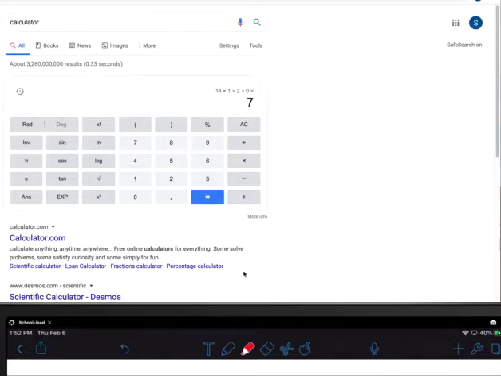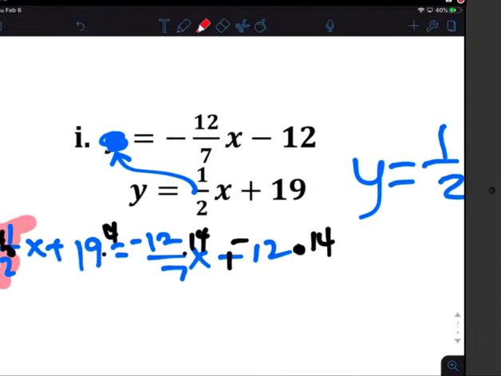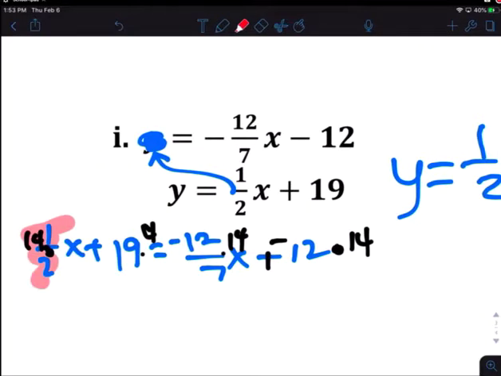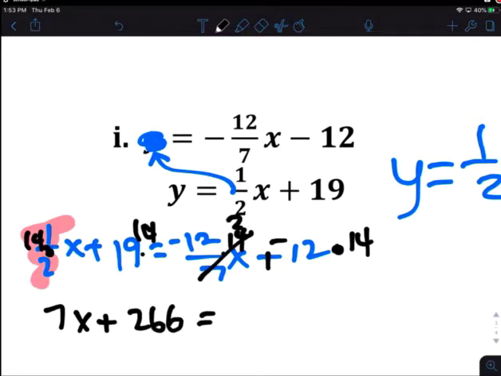So on here, we put 7 for that one that I highlighted, bring down the x, plus 19 times 14, I think it's 266, equals. Put that in your calculator, or you can cross cancel, get 24x plus a negative.